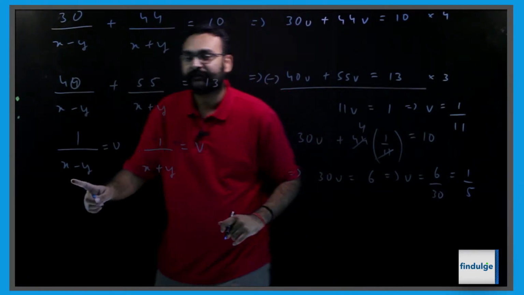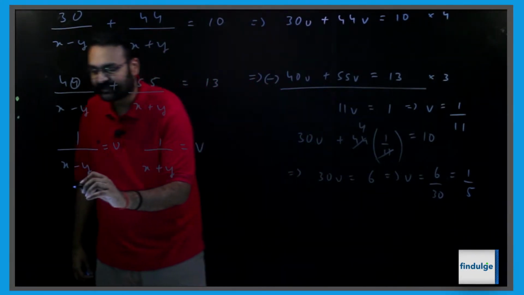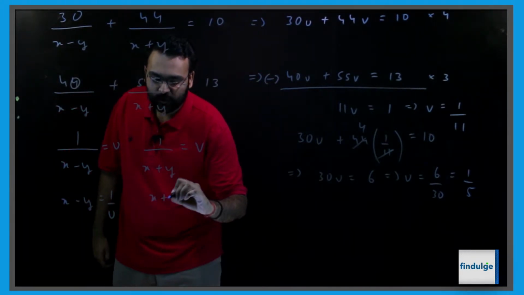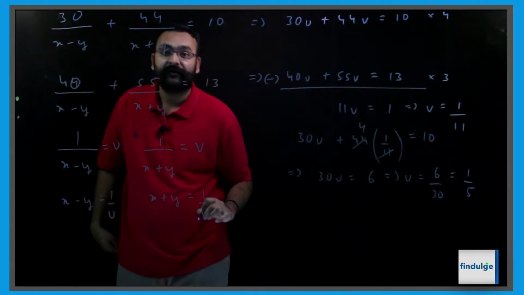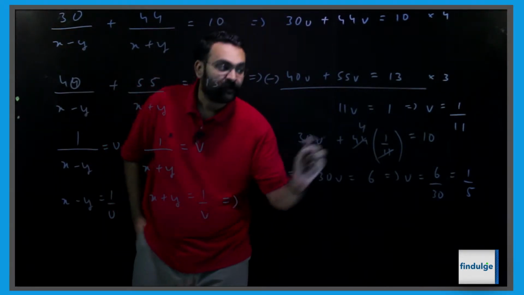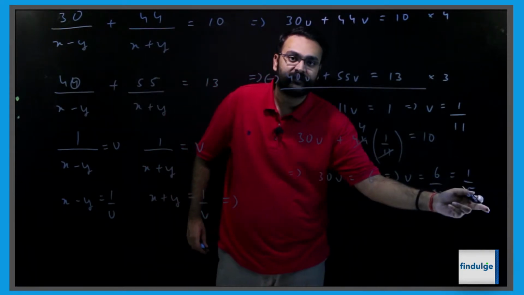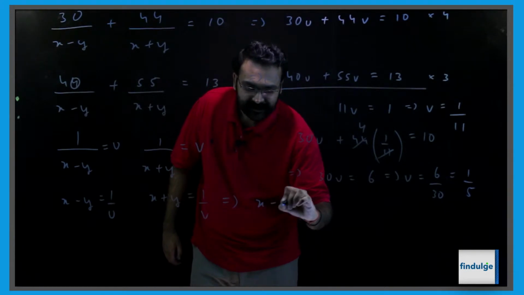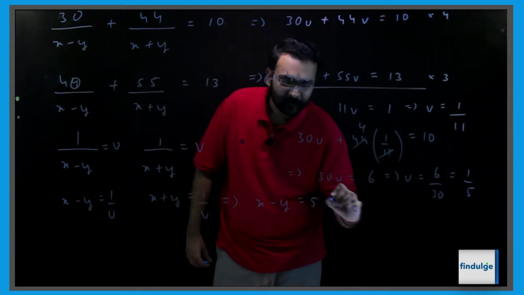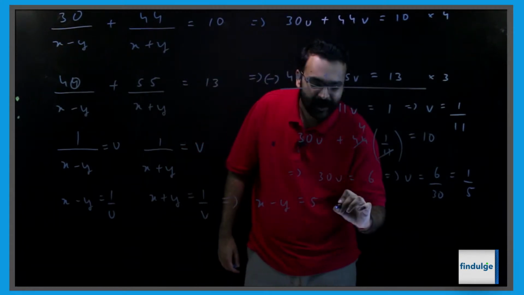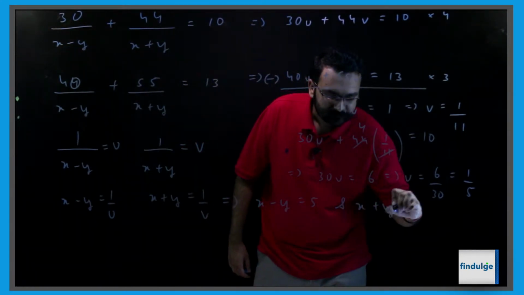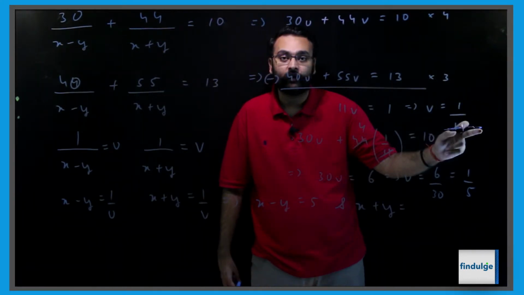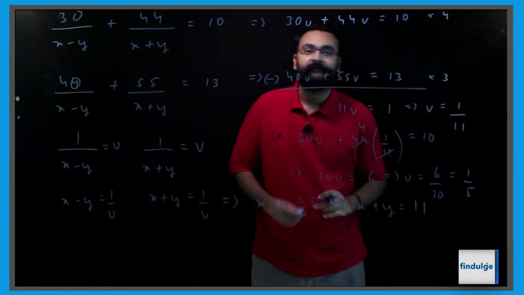Now if 1 upon x minus y is u, that must mean x minus y is 1 by u and x plus y is 1 by v, where u is 1 by 5. So 1 by u will be 5, means x minus y is 5 and x plus y will be equal to 1 by v, which is 1 upon 1 by 11, which will be 11.